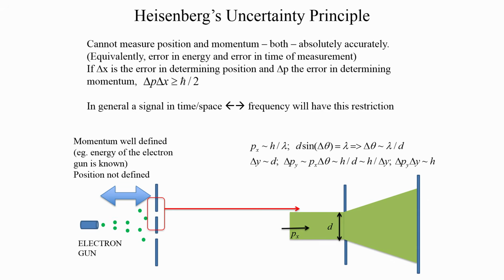Moving on, another key idea in quantum mechanics is something called the Heisenberg's uncertainty principle. And the essence of this idea can be very nicely understood by a person who has some experience in signal processing, or who understands the idea of a Fourier transform.